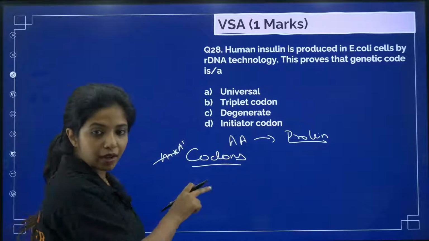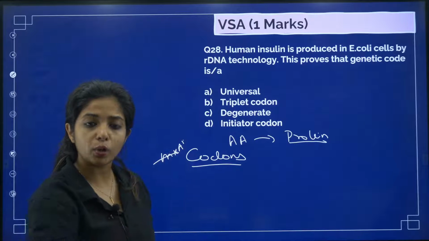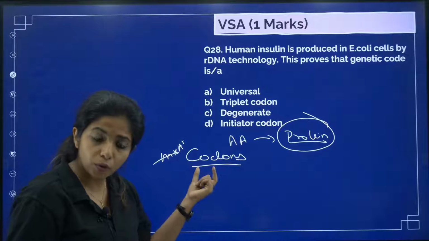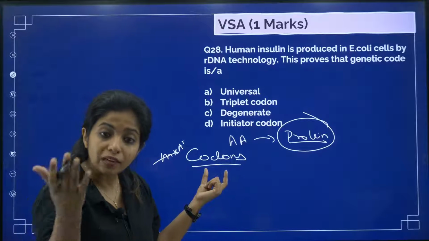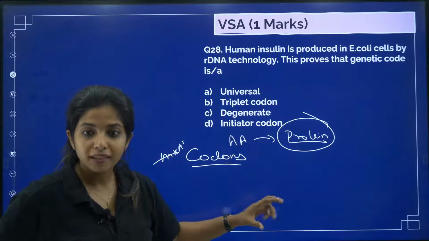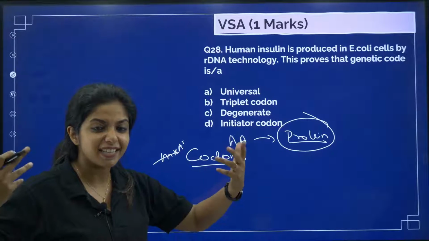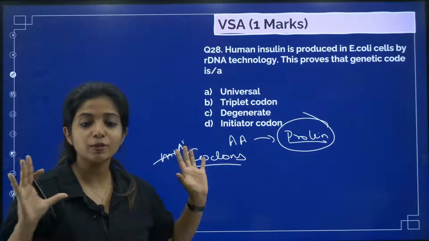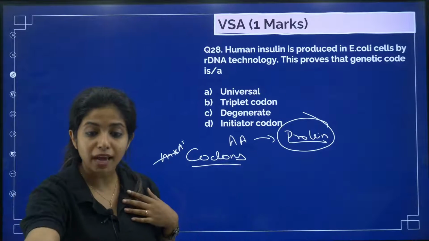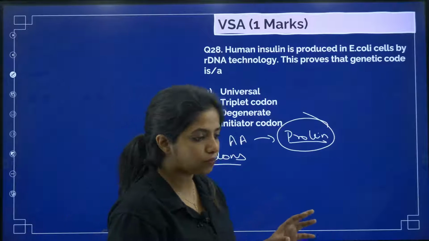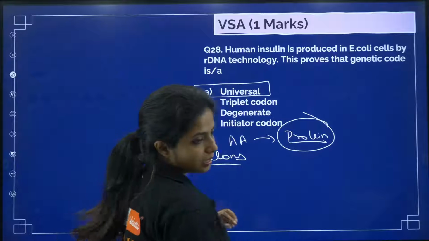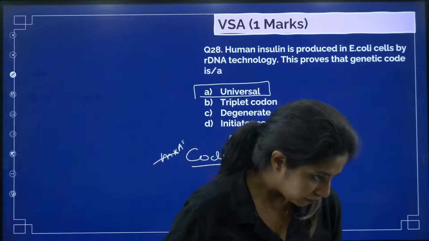If the same mRNA is being inserted into E. coli and they are also producing the same protein, that means the codon over here is doing the same work there. So can I say they are showing something that is known as universality? Basically, the codons which are there, they are universal. We have the same codons like the bacteria. There might be some differences, but most of them, they are universal. So I'll say this shows that it is universal. A is the correct answer.